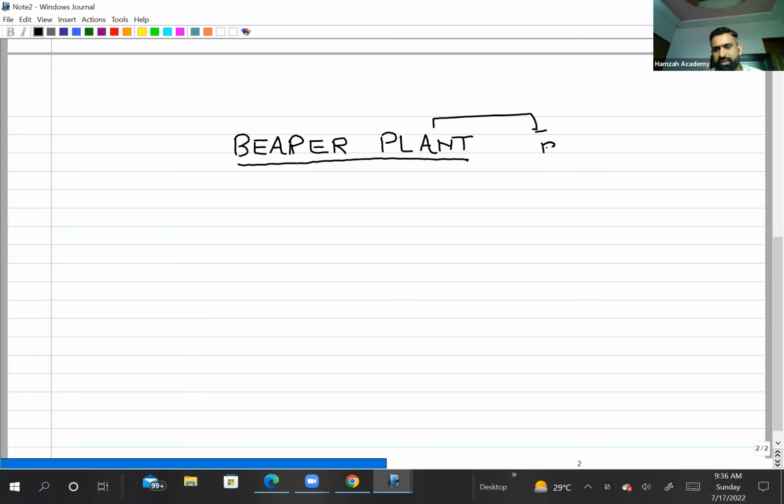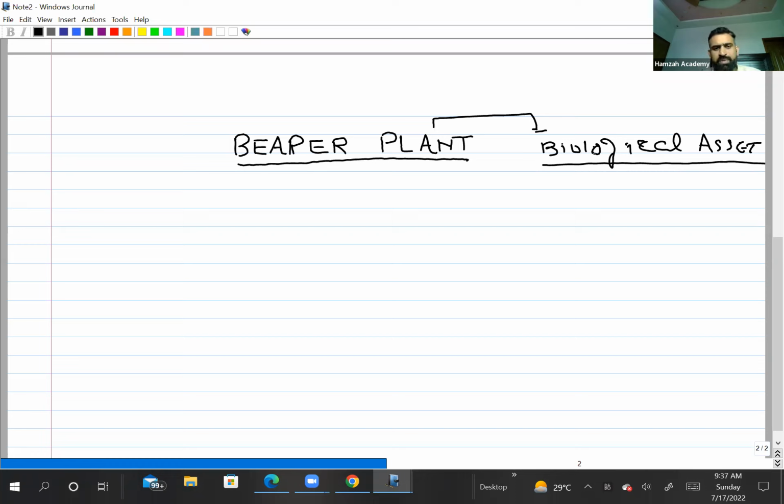When I say the bearer plant, that means I'm talking about a biological asset. Plant means a plant of pineapple, mangoes, apple, strawberry. So plant, bearer plant.